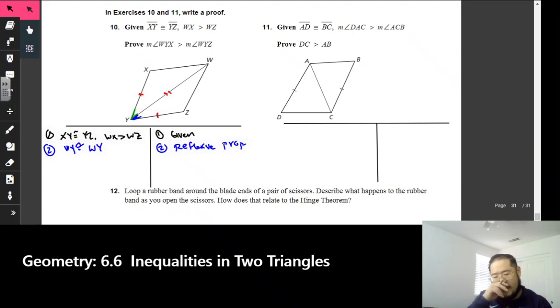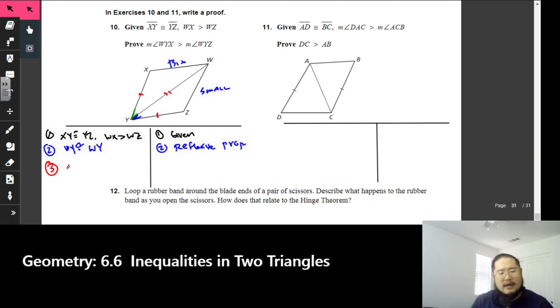The other piece of information, remember, they tell us is that WX right here is bigger. So this is the big side opposite of this angle. This right here is a smaller one. All right. So thinking about that, that will help us understand and justify that WYX is larger than WYZ.